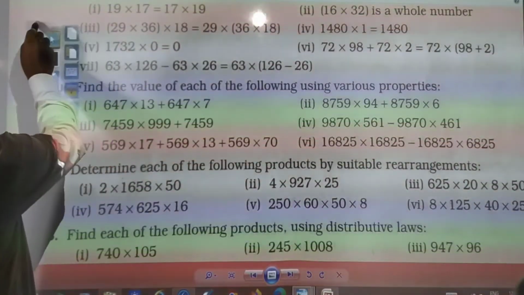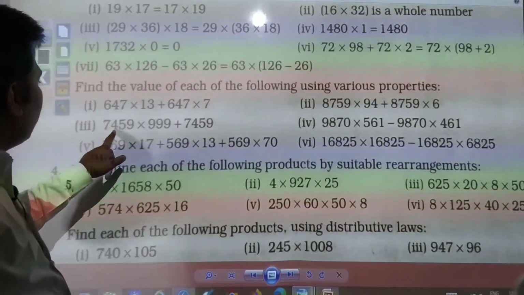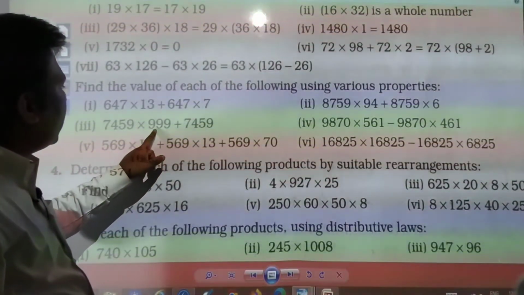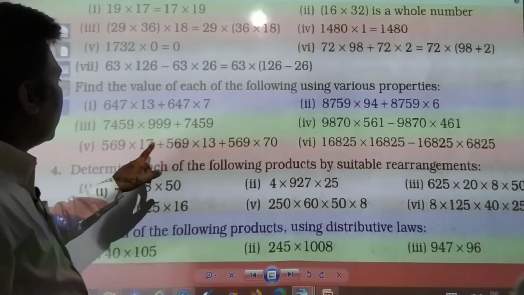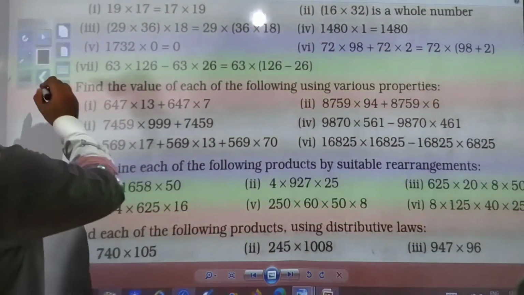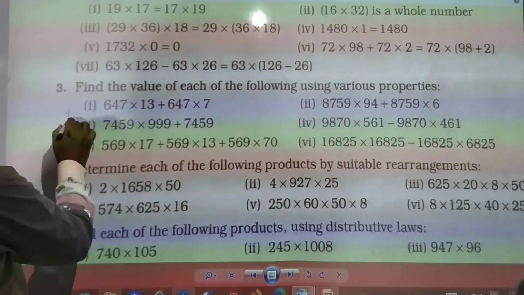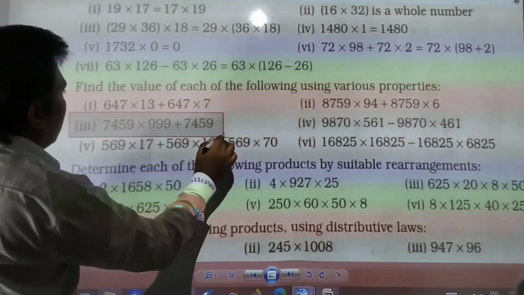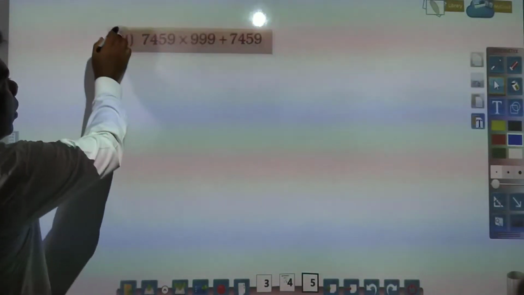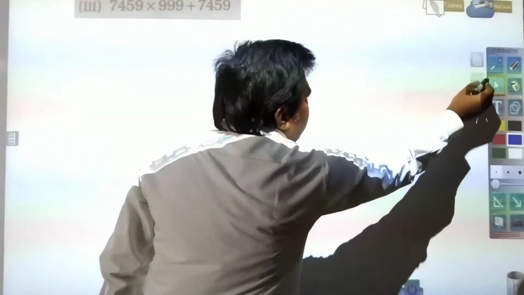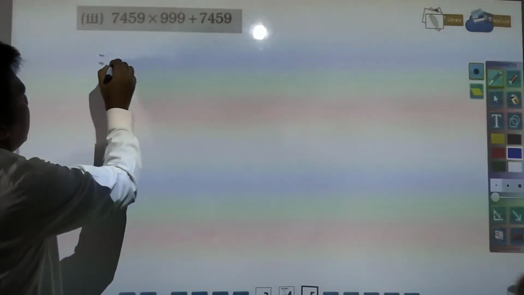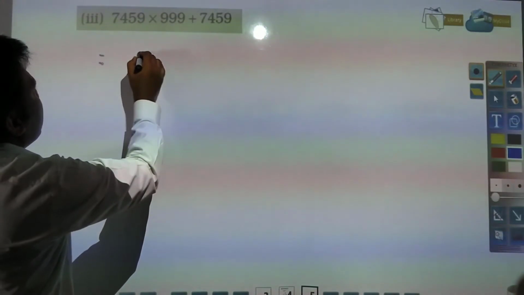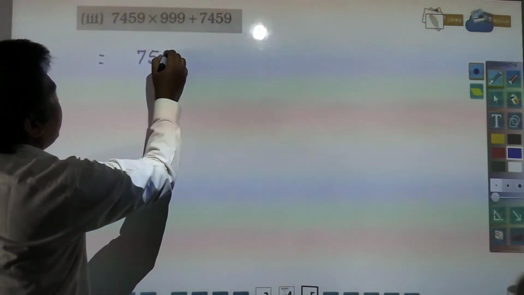Then you have 7459 into 999 plus 7459. So how is it to be solved? This you see common you have 7459.